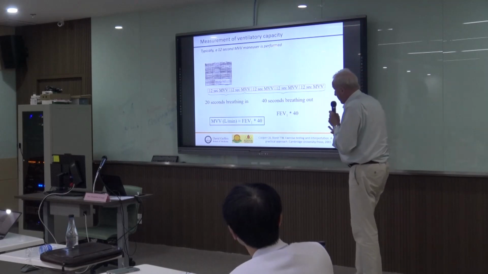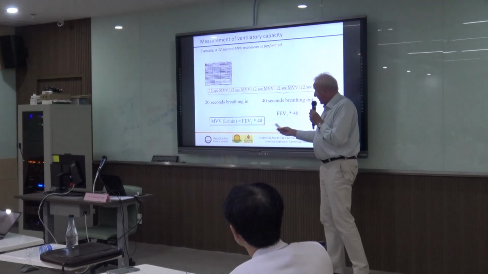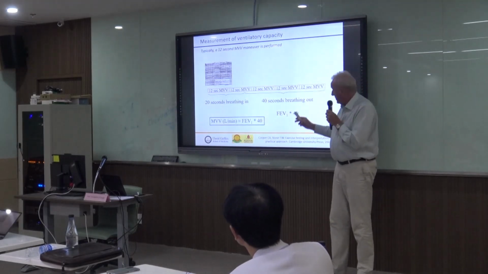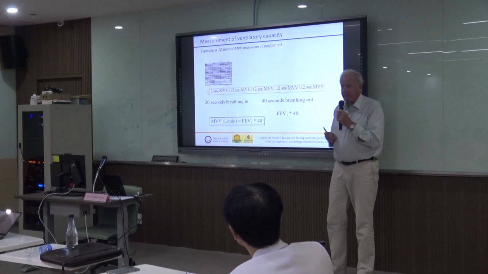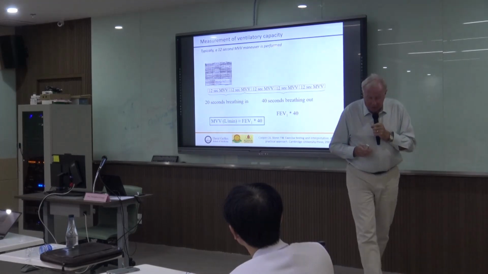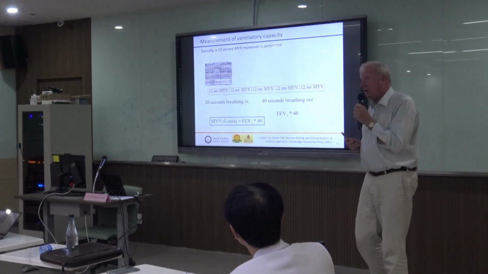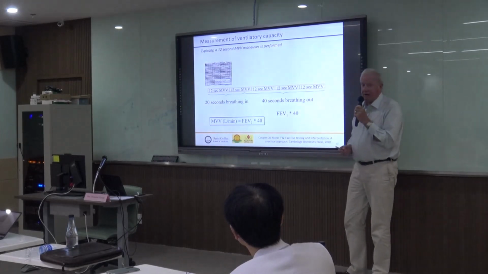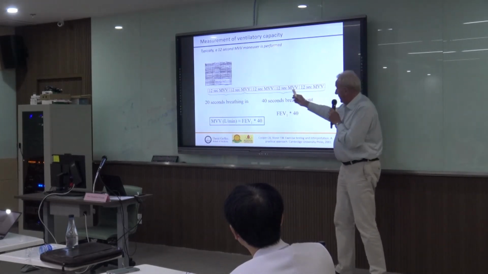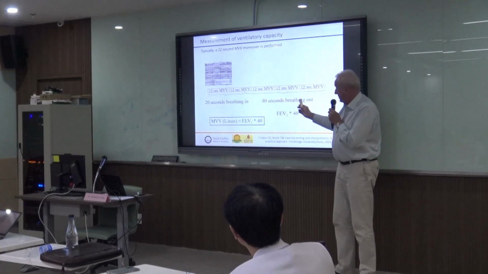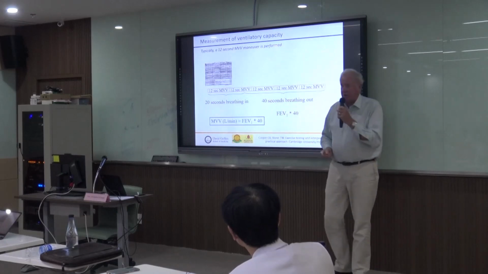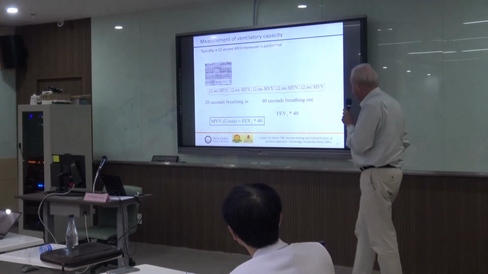A second approach is, if you don't measure MVV, you could measure FEV1 in your patient and multiply by 40. Those of you who are familiar with cardiopulmonary exercise testing will know that some people advocate multiplying by 35. Given what I've explained here, you'll know that just makes the assumption that you spend 25 seconds breathing in and 35 seconds breathing out.